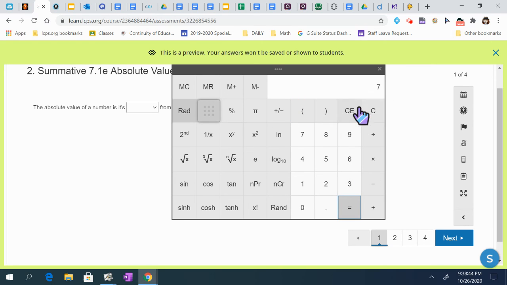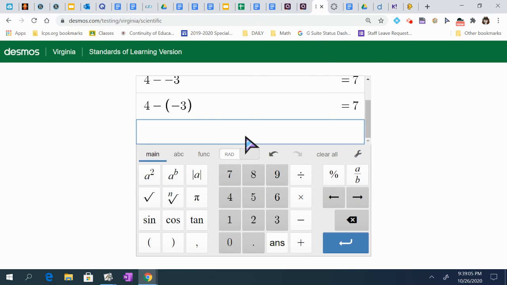And it gives me 7, but again, I can't go back and look at what I put in to check my work and make sure that my equation in the calculator matches my paper. So I really like Desmos for these problems, because I think it's just way more helpful for you to see what's going on.